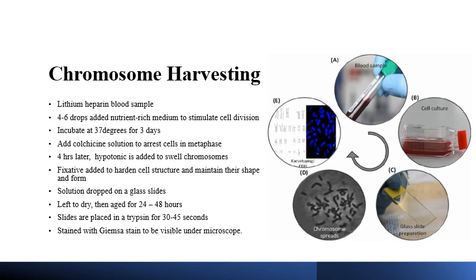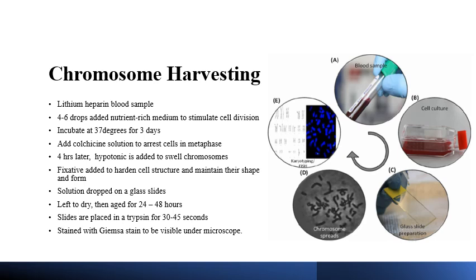I just wanted to go through the chromosome harvesting process with you, and it's a very meticulous process. So usually blood samples are cultured with a nutrient-rich medium to stimulate cell division, and then they're treated with colchicine to arrest cells in metaphase. After being stained with Giemsa stain, chromosomes are visible under a microscope for a detailed analysis.